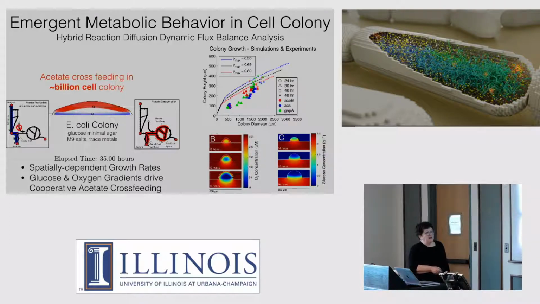And to validate that, we did a couple things. We put reporters on, say, up here where the glucose utilization takes place, or one down here where you have acetate utilization. And so you can look over here. We can also measure the colony height, the diameter and its height, and compare it to the experiments here.